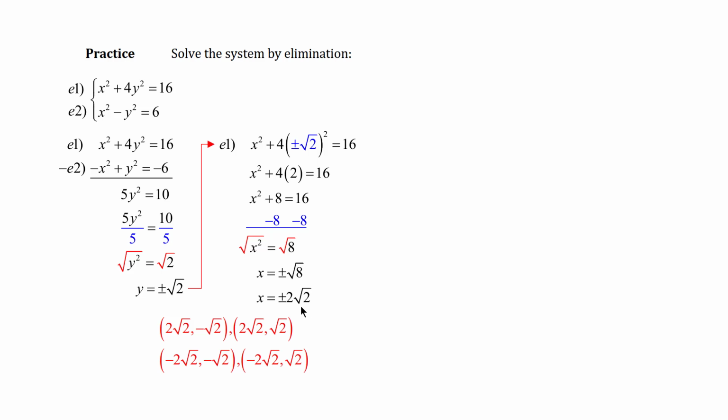For positive 2 root 2, we have 2 points, which are parentheses 2 root 2, comma negative root 2, and parentheses 2 root 2, comma root 2. For negative 2 root 2, we also get 2 more points. We get parentheses negative 2 root 2, comma negative root 2, and parentheses negative 2 root 2, comma root 2.